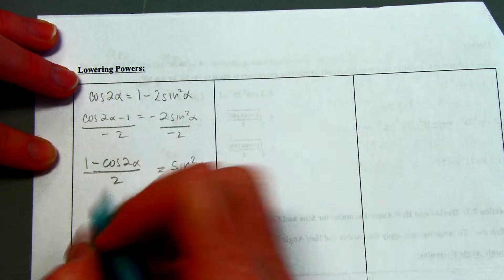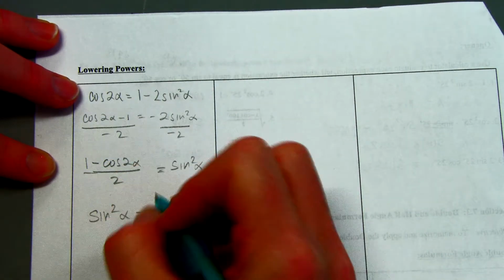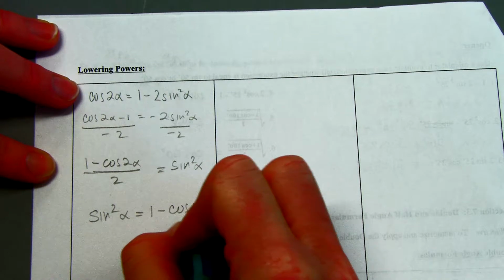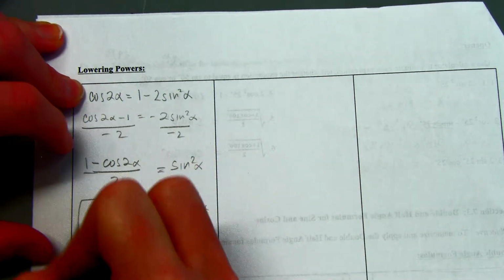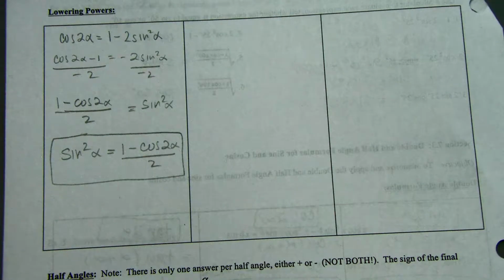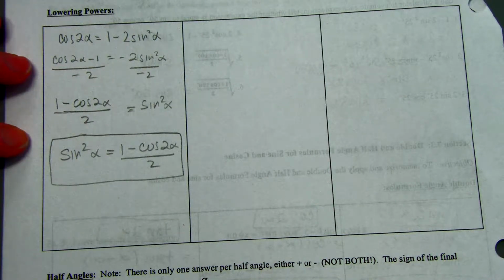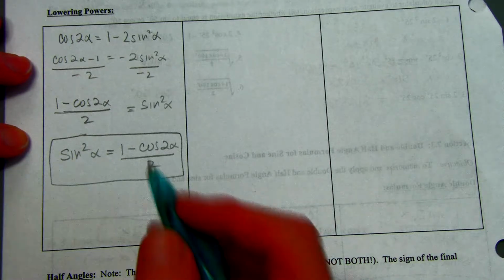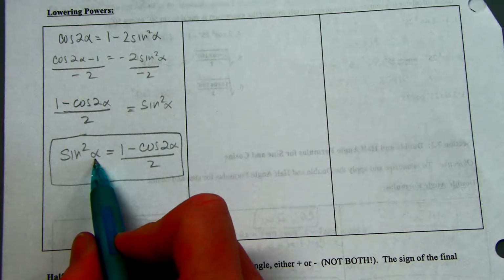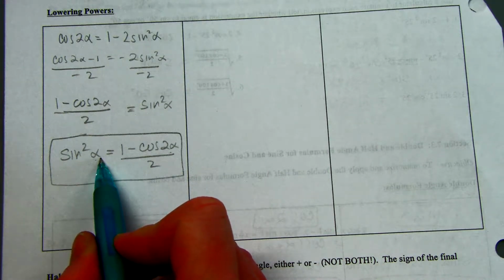I'm going to reorder this and write sine squared alpha equals (1 minus cosine 2 alpha) over 2. This is the formula that our book calls the formula for lowering powers. Next year, you'll see it written as the half-angle formula. The reason you can see it as a half-angle formula is that you've got this angle, alpha, and this angle, 2 alpha. So we've got half of the angle for cosine.